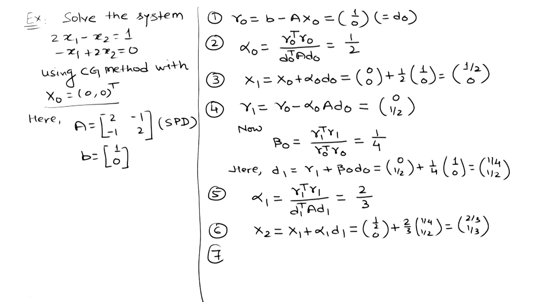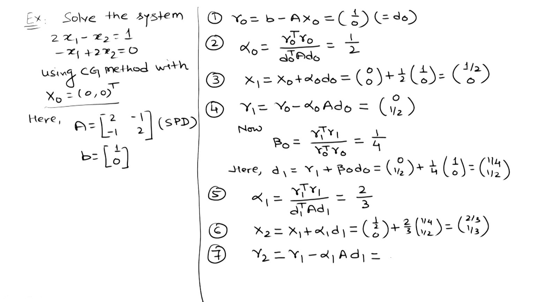Next I will calculate r2. If you see here, r1 is r0 minus alpha0 A d0, so r2 will become r1 minus alpha1 A d1.